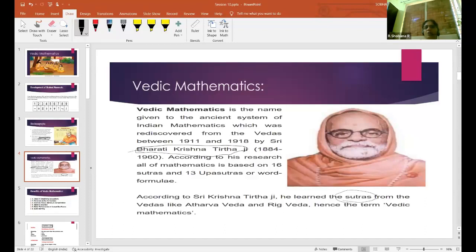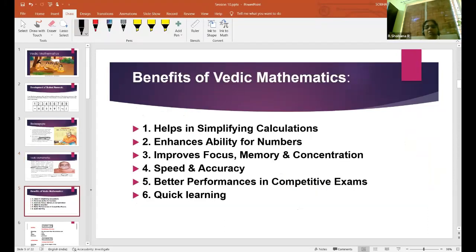So these mathematical concepts are also expressed in sutras and upasutras, and he claims they are taken from the Vedas like the Atharva Veda and Rig Veda, what Bharati Krishna Tirtha says. This is why the name Vedic mathematics is given to his way of teaching mathematics.